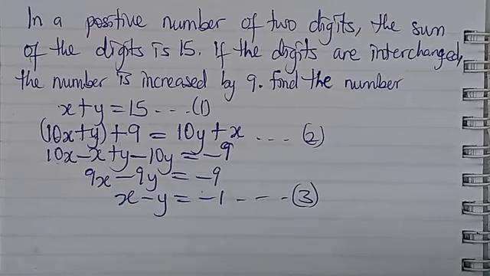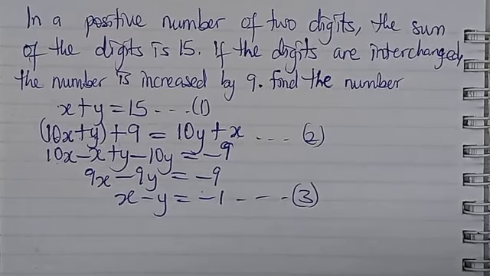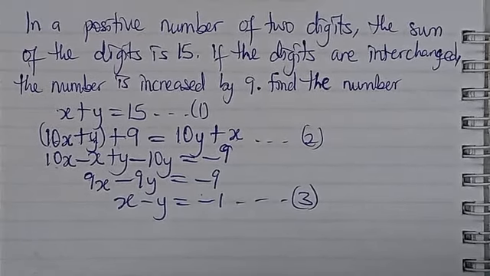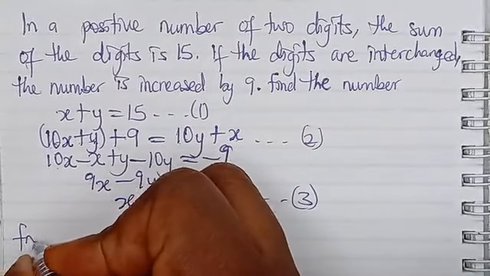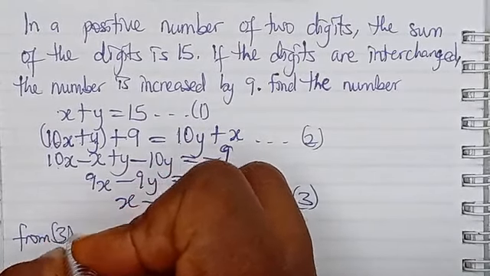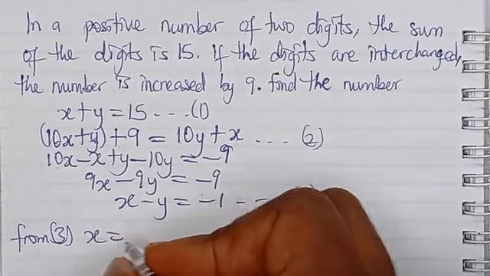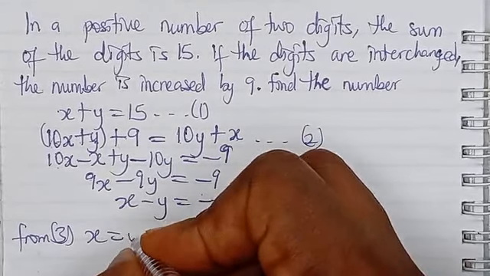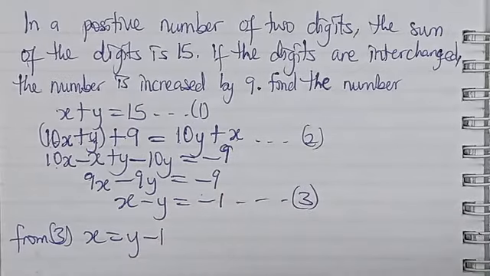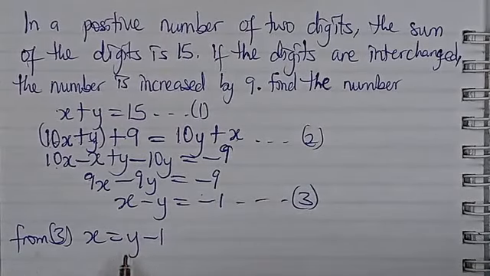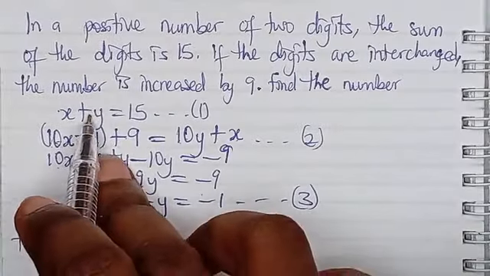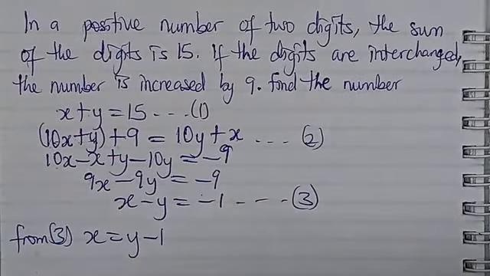Now we can use the substitution method. From equation 3, we have that x is equal to minus y crosses over to be y, and then minus 1 is already there. Now we are going to substitute this into equation 1. These are very simple equations.